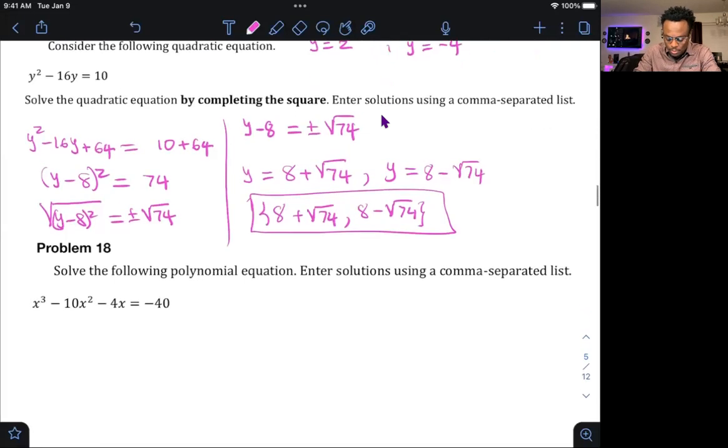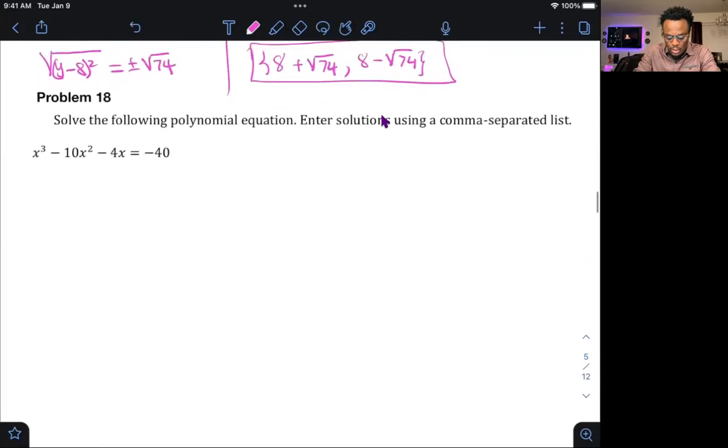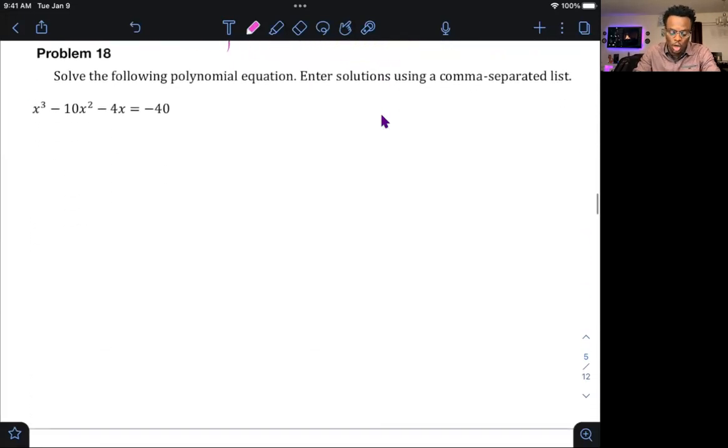Our next problem is number 18. We want to solve the polynomial. And however many solutions we have, we will separate them by a comma. So let's make sure that we zero this equation out. We would add 40 on both sides.